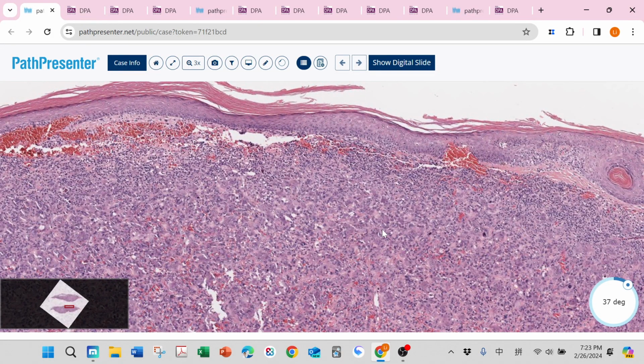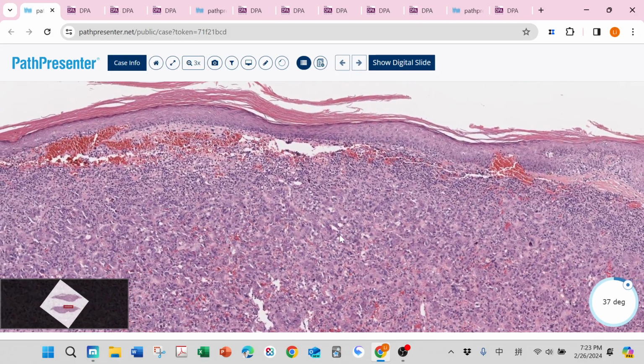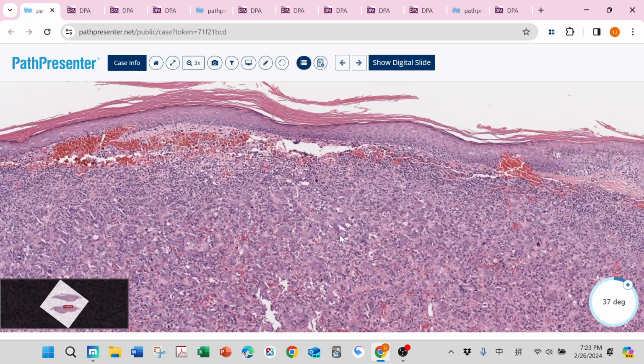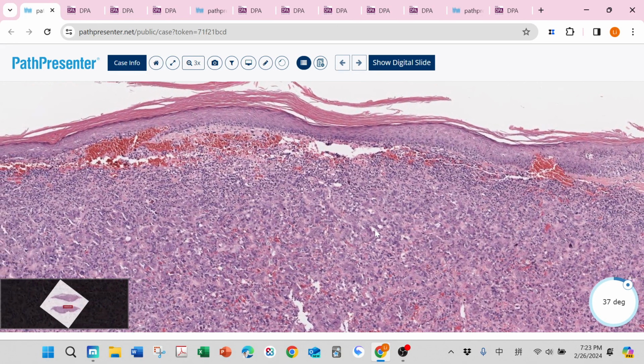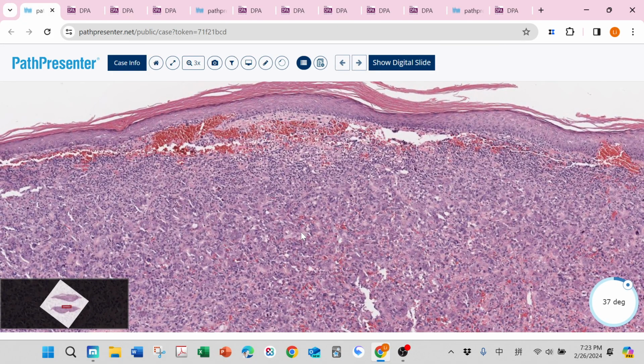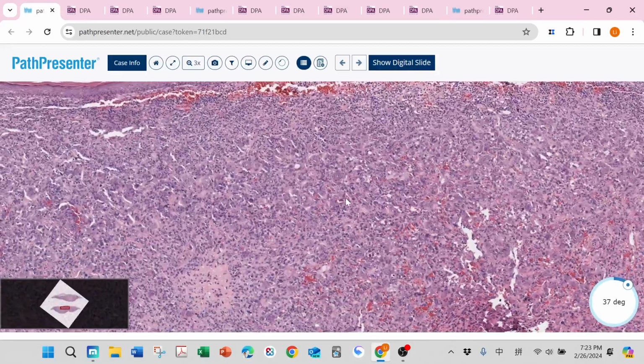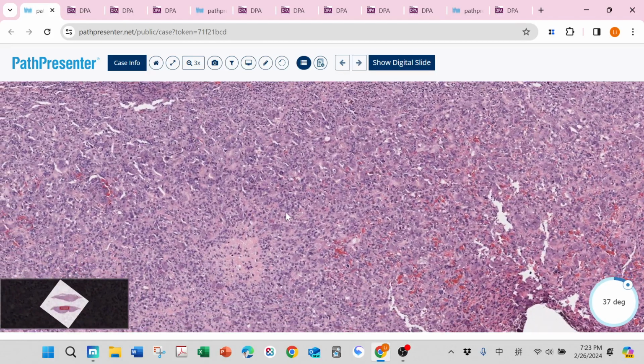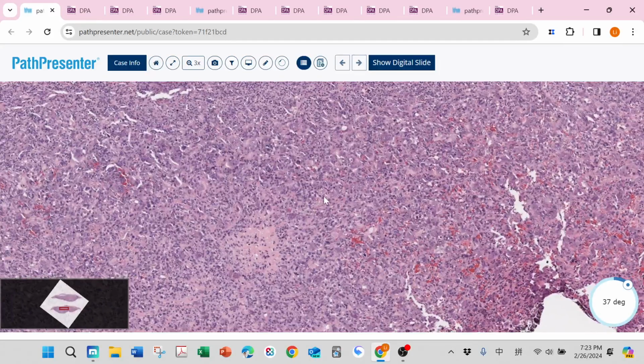For angiosarcoma, we can use CD31 and ERG. CD34 is not that specific or sensitive because in epithelioid angiosarcoma, some are CD34 negative.